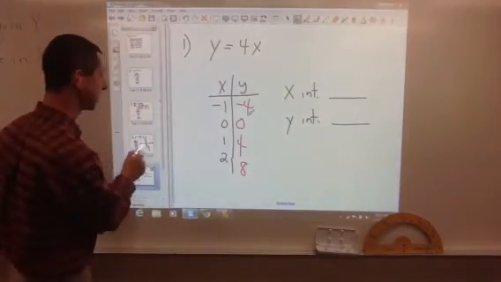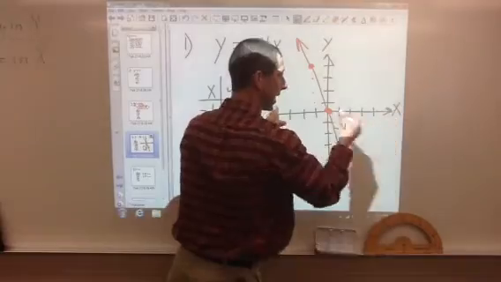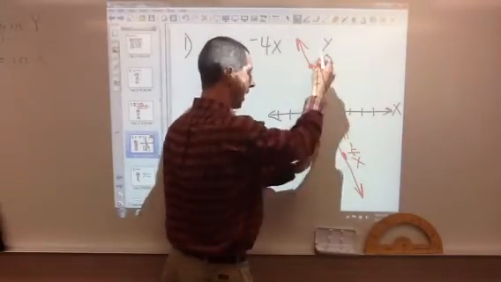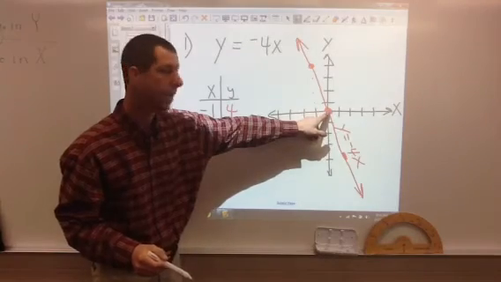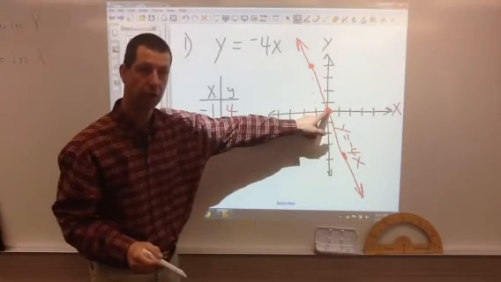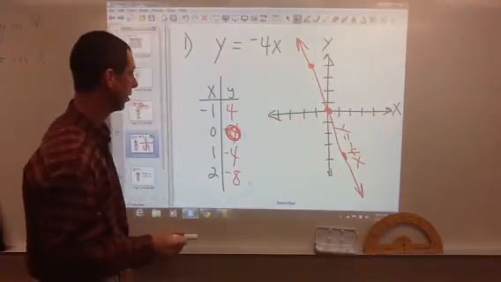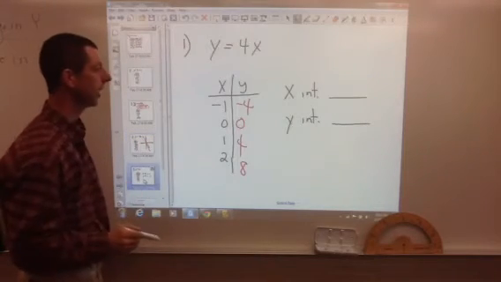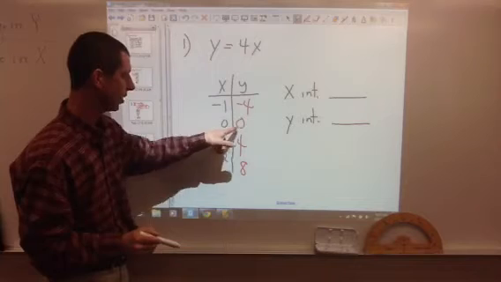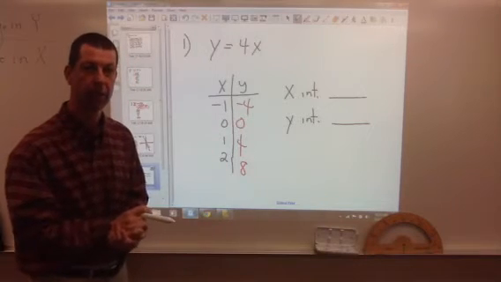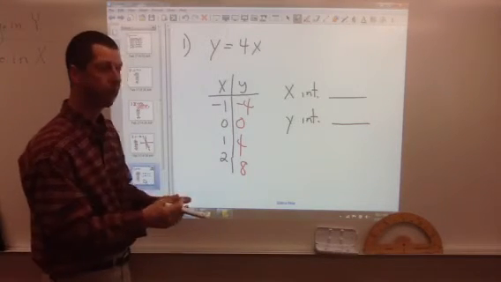Back to this here, remember, this is the x-axis, this is the y-axis. On this one right here, they're both 0, 0 because it crosses at the origin. Anytime you have 0, 0 as coordinates, that's going to be your x-intercept and y-intercept.